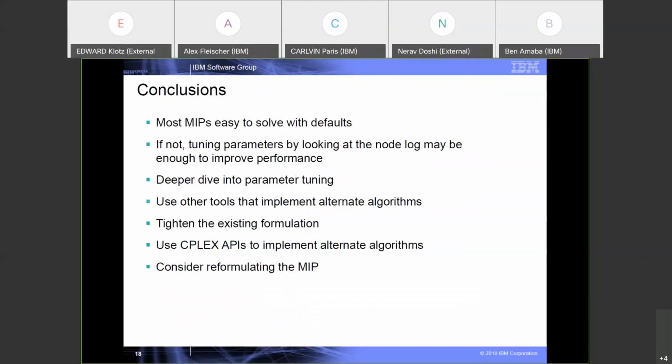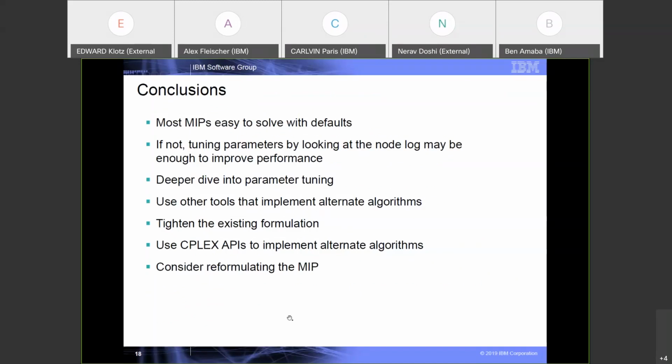So that is the end of the presentation. Many of your problems are just going to solve easily enough with defaults, but we saw that tuning parameters by looking at the node logs to figure out where the lack of progress is coming from can be enough to improve performance.